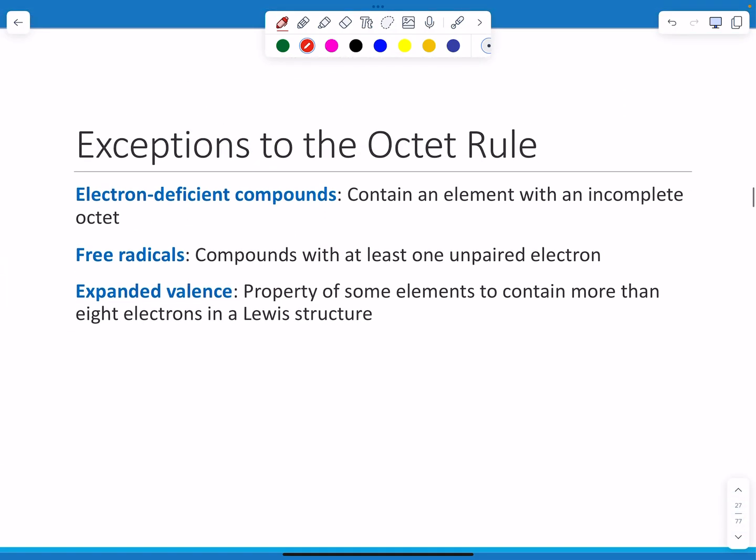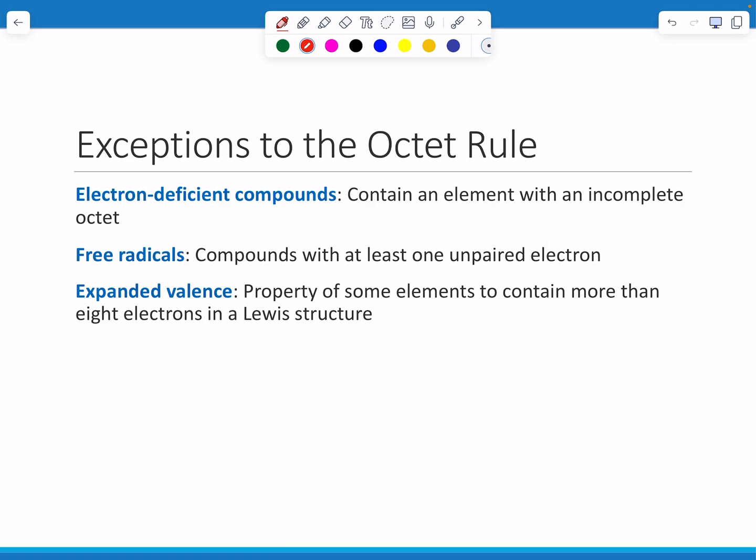The last thing we're going to talk about this week is exceptions. Now that we've gone over a whole bunch of rules, we're going to talk about ones that don't follow this rule. There are three general exceptions.